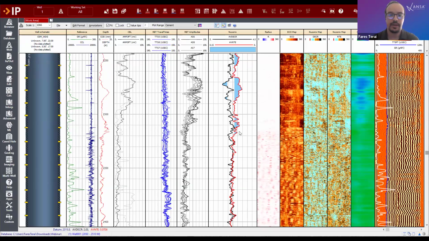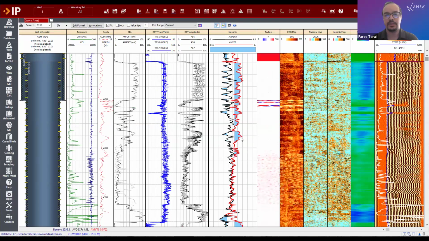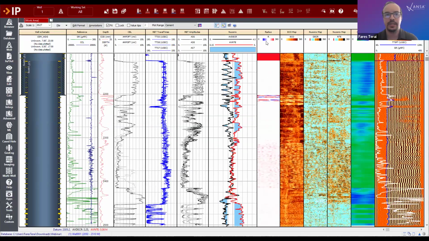Both curves have their own cement cutoffs. So we need to be above that cutoff and have that separation. So I'm going to break down this interval into three separate zones, so we can talk about that in more detail. The upper part here, which basically starts slightly above the perforated interval, we do have a significant separation, but it's not related to microannulus.